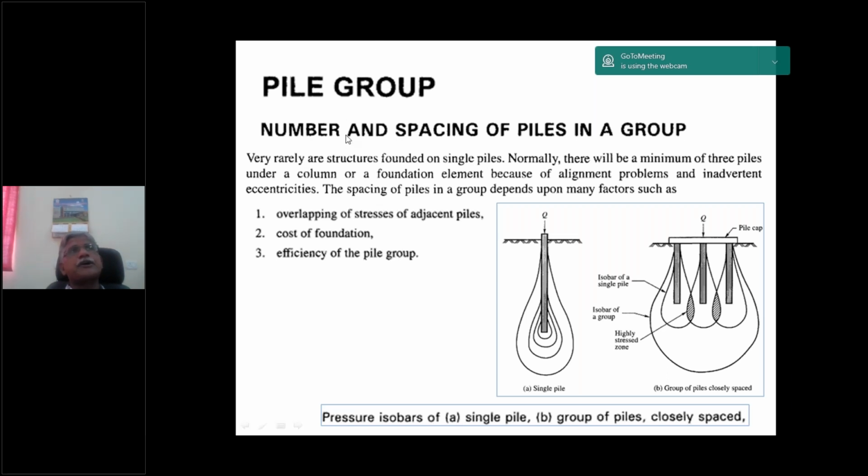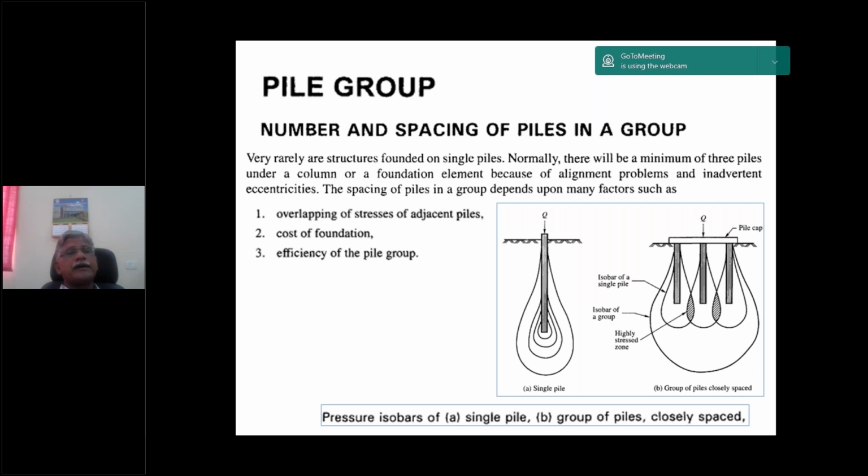We also discussed how to estimate load carrying capacity for piles subjected to tension load, that is uplift capacity. And even when the piles are embedded in expansive or swelling soil, we have seen how to estimate the load carrying capacity for straight shaft and for single bulb and two bulb cases.